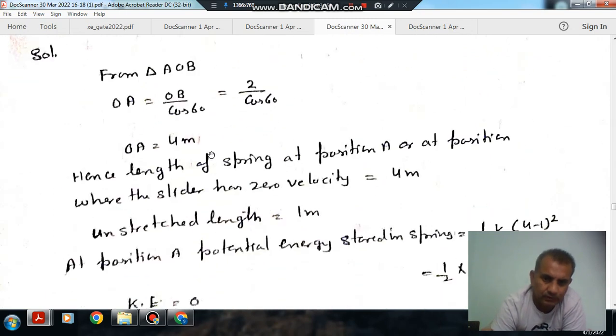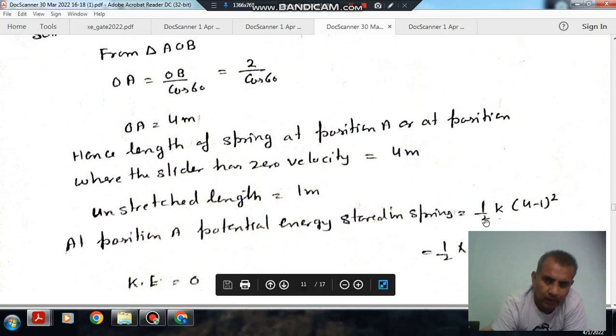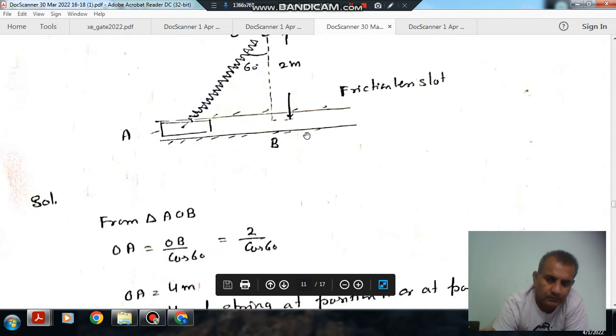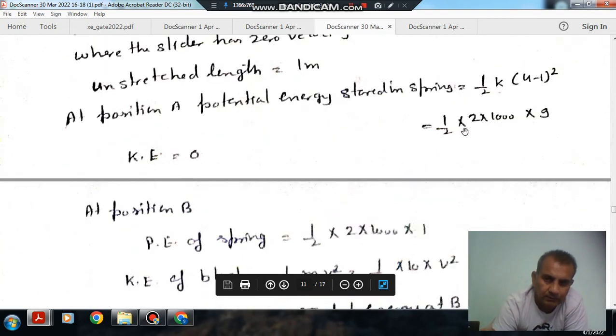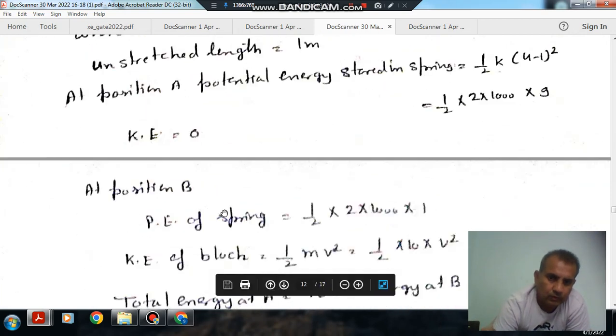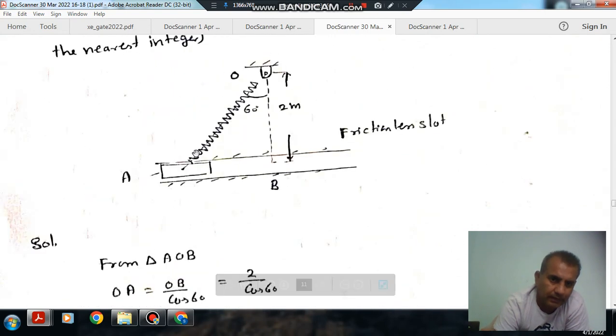So the potential energy stored in the spring is half into K into 3 square, where K is 2 kilonewton per meter. So the energy will be half into K x square, x is 3. So this is your potential energy of the spring at this position, and the mass is having zero velocity at this point.